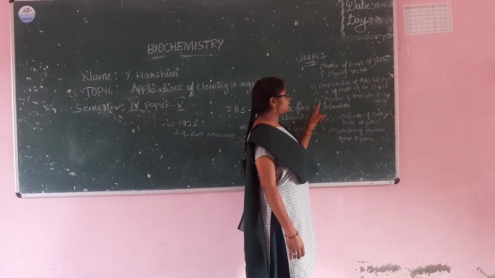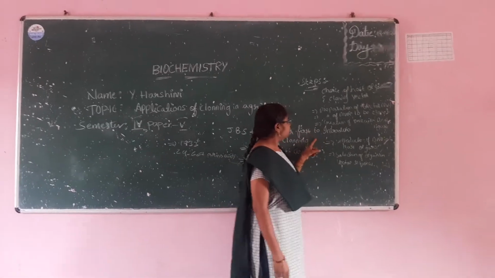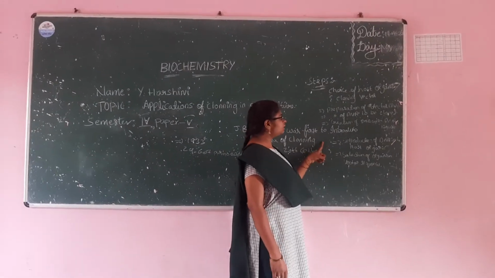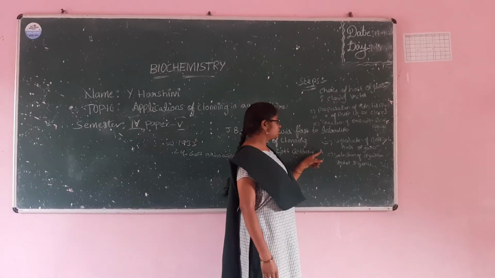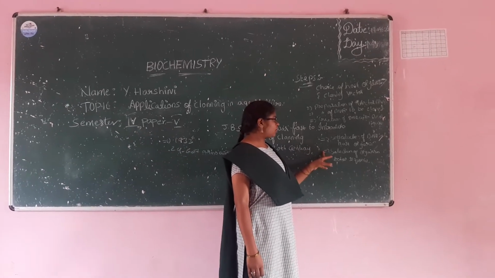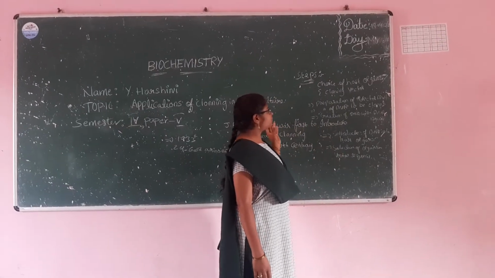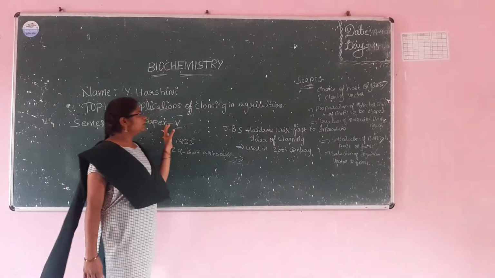Another step is the creation of recombinant DNA. The last step is to introduce the DNA into the host organism and select the organisms with the vector sequences. So, these are the major steps used in applications of cloning.